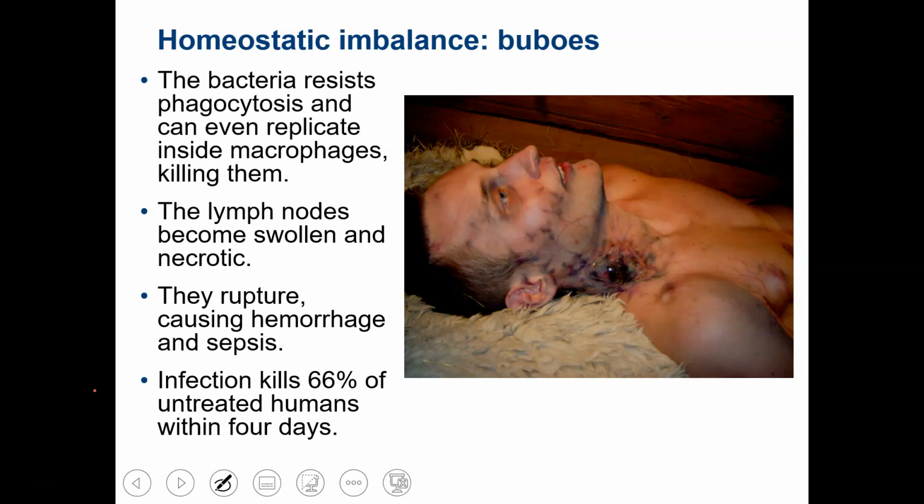But what happens is that bacteria resists being killed by your immune system. So those cells that would come along and eat it, it's cool with that. And instead of just dying nicely, it grows inside the cells of your immune system, these macrophages in the lymph nodes, and it kills them, and then you get more inflammation, and it becomes a positive feedback cycle.